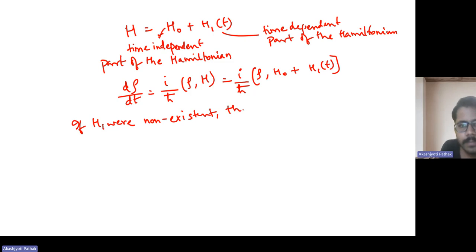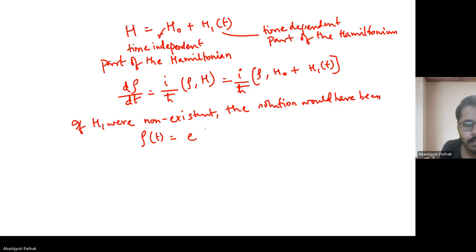The solution would have changed to this, involving H naught t. Okay, now we need to define and quantify another parameter.